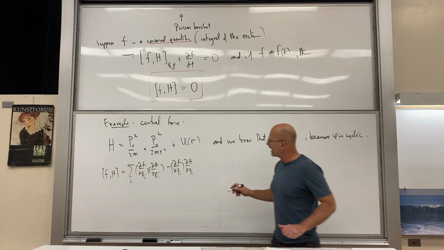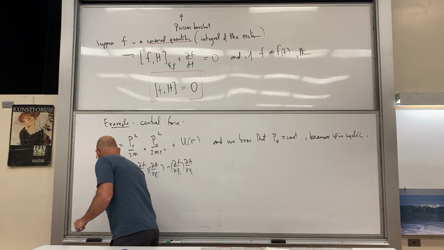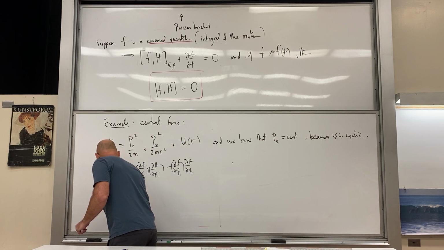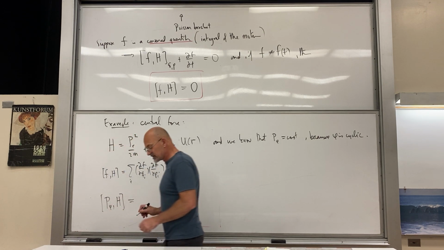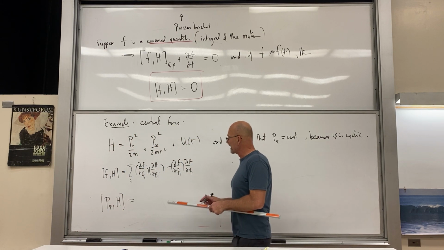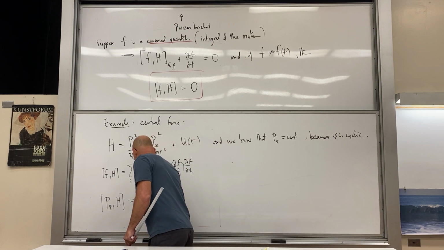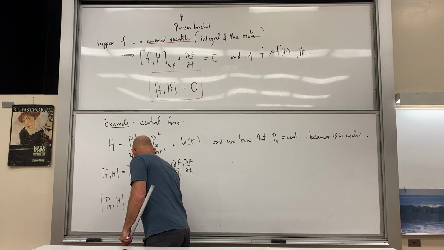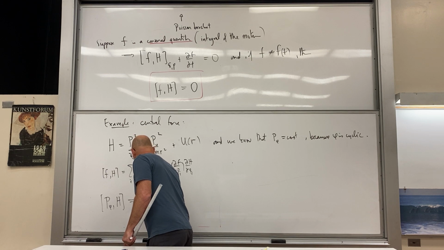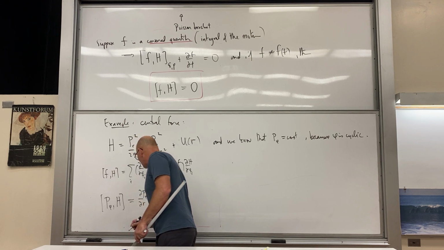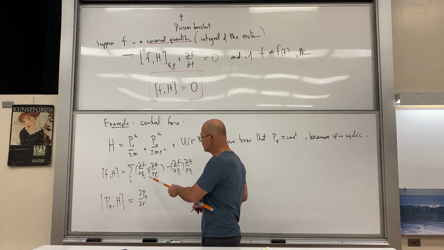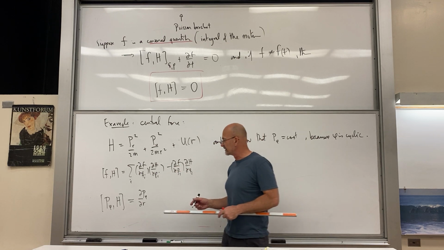What we're going to write is the bracket of p_phi and H. There's our Poisson bracket. We'll just do them one at a time. So we have d p_phi/dr. Okay, the two q's are r and phi, right?